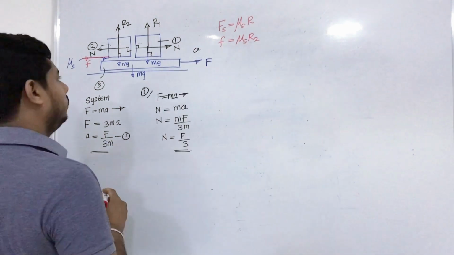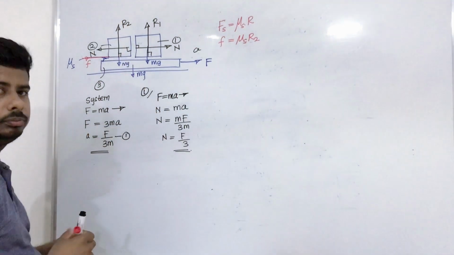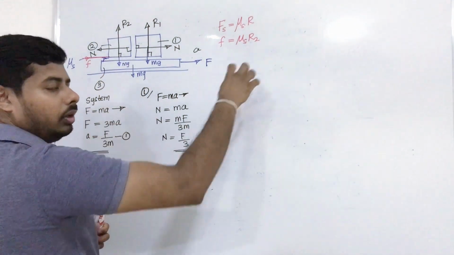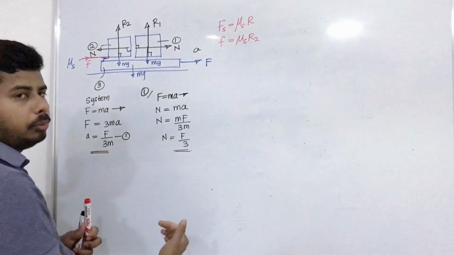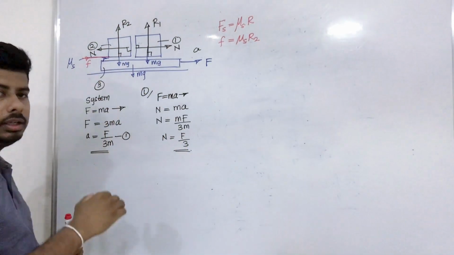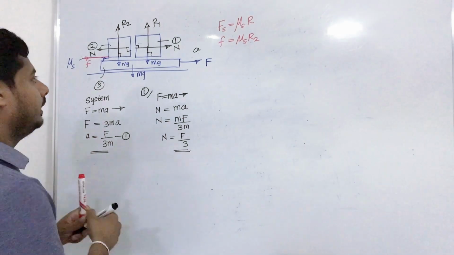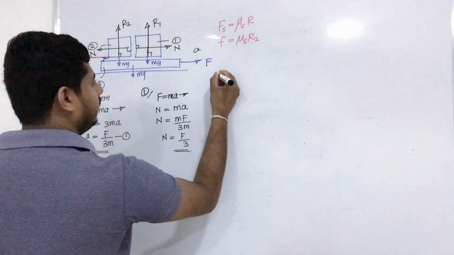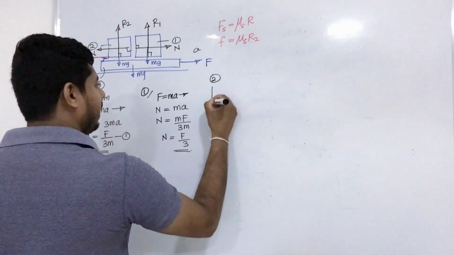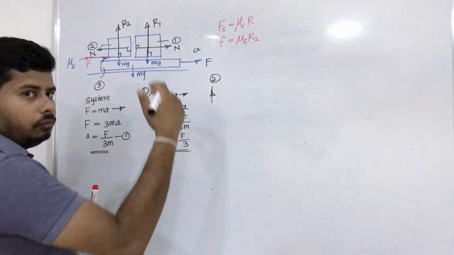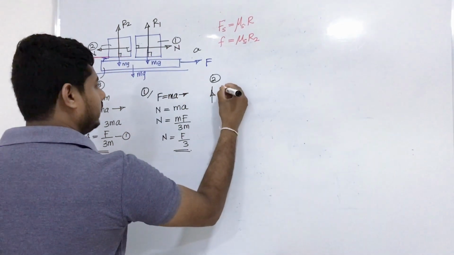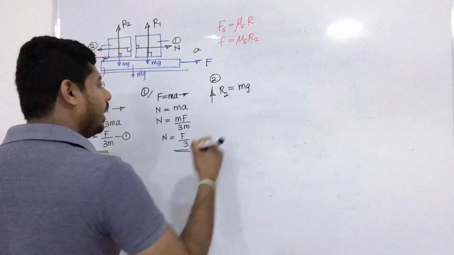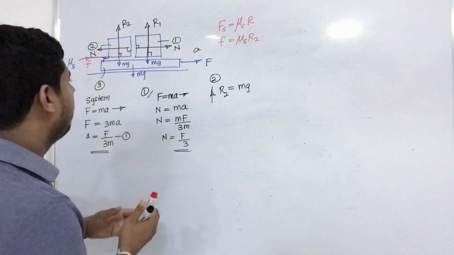Now you have to find R2. So how do we get R2? This object is moving only horizontally, not moving vertically up or down. That means it should be in vertical equilibrium. So you can consider the vertical forces acting on the second one. If I apply vertical equilibrium, you can easily get that R2 is equal to mg, because there are no accelerations or motions in the vertical direction.